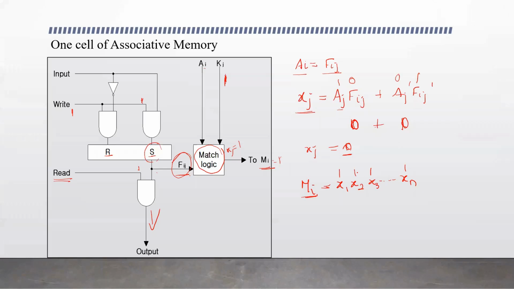If one of these is 0, when you perform AND, it becomes 0, and Mi becomes 0. So this way associative memory is used to perform a search in memory based on the content, not by the address. Compared to other memory components, associative memory is expensive, because every cell needs to maintain this match logic to compare the words.